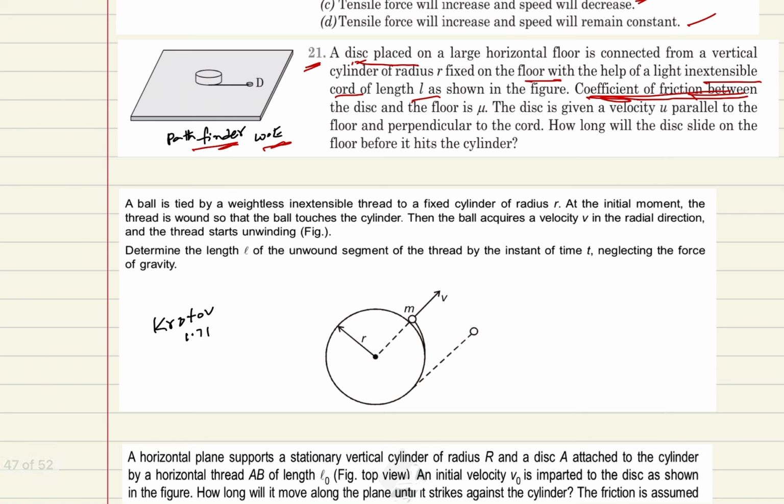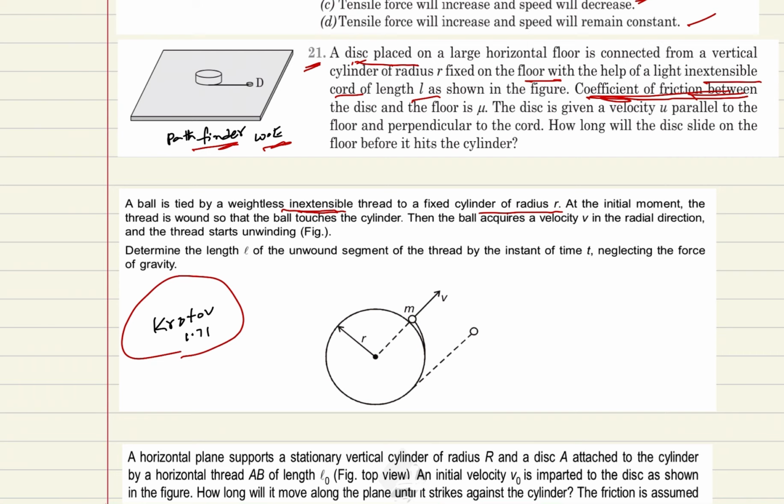Third question, I have taken a similar kind of model from Krotov. This is from chapter 1, mechanics, question 71. A ball is tied by a weightless inextensible thread to a fixed cylinder of radius r. At the initial moment, the thread is wound so that the ball touches the cylinder.